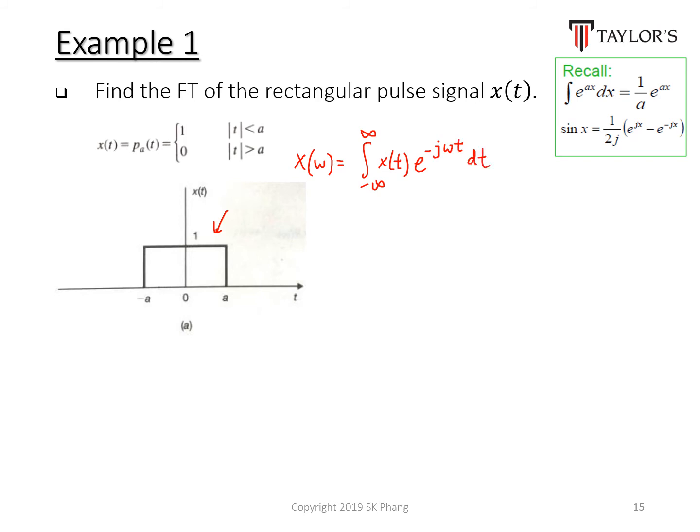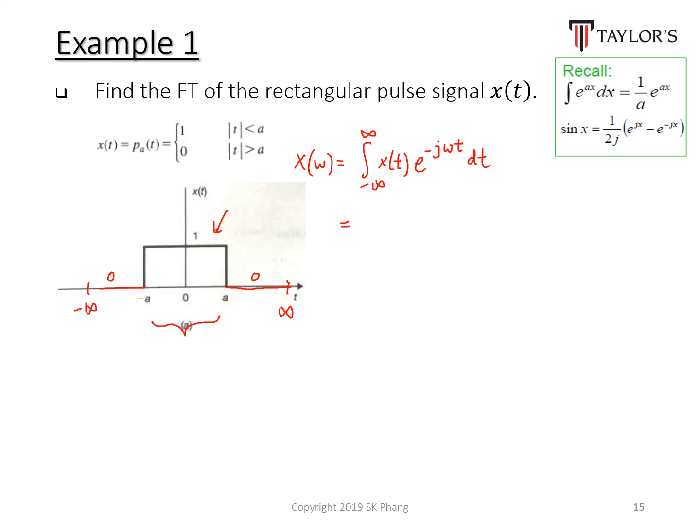Now if you look at this particular graph, everything above a will be 0, correct? Everything below negative a will also be 0. So when you integrate the signal from negative infinity to infinity, everything else is 0 except at this point.